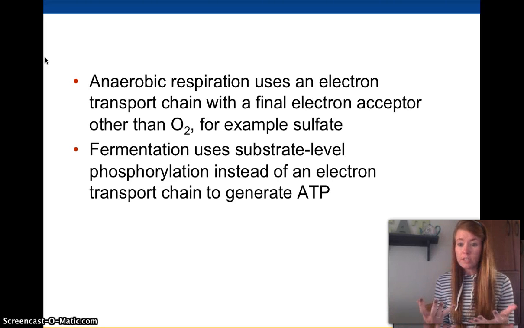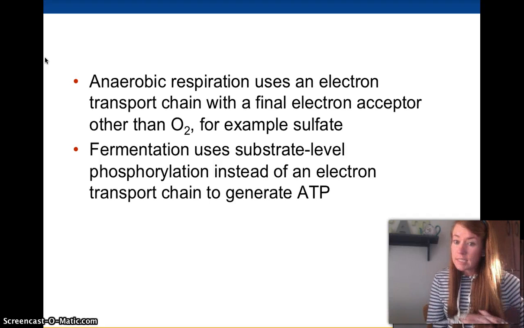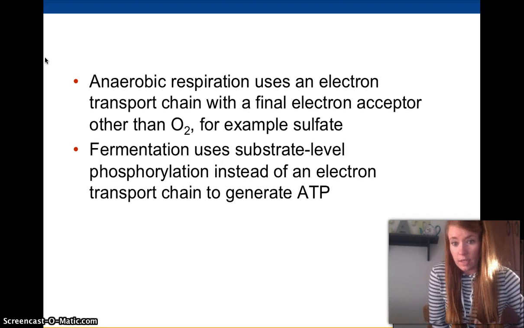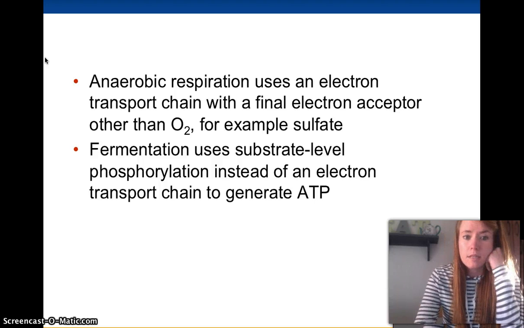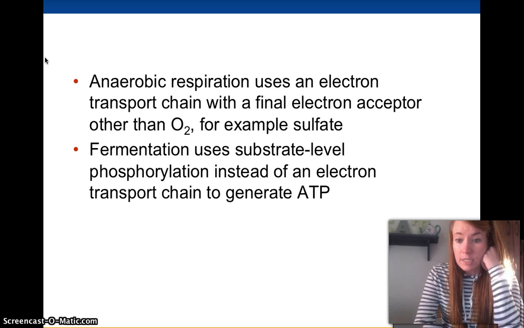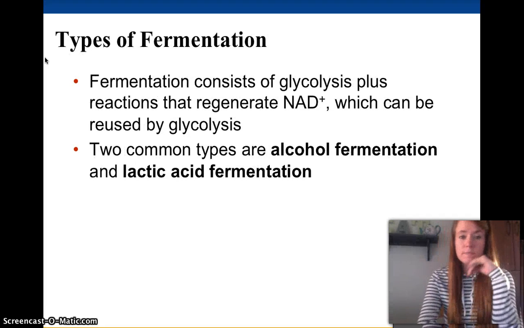So now we have way too many NADH molecules and not enough NAD+ to accept electrons during glycolysis. So fermentation is the process of glycolysis happening over and over again, making ATP via substrate level phosphorylation instead of an electron transport chain.